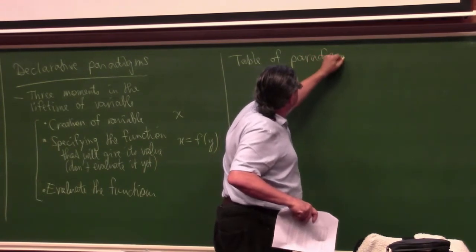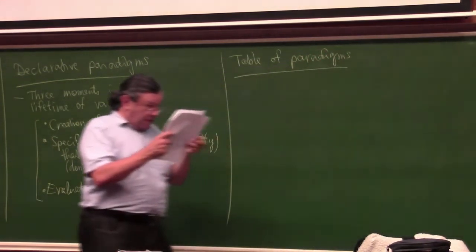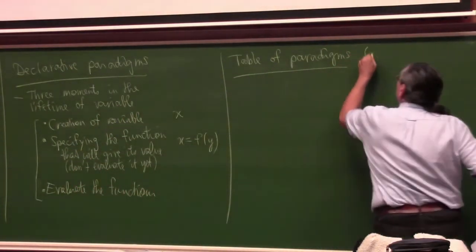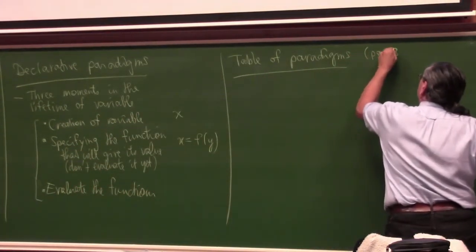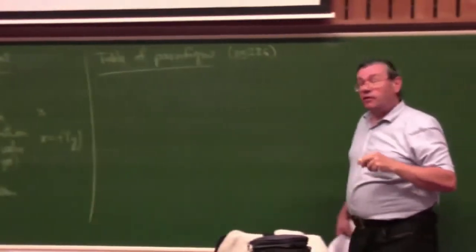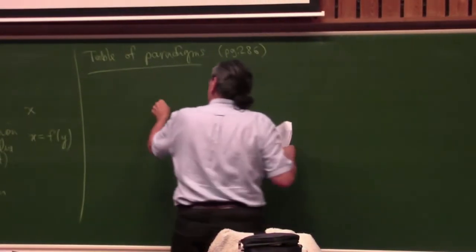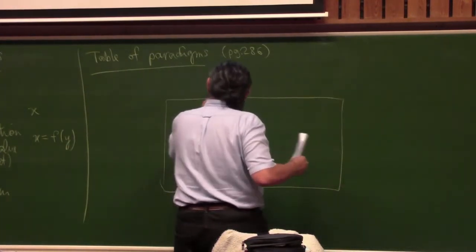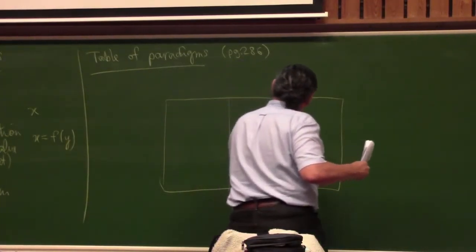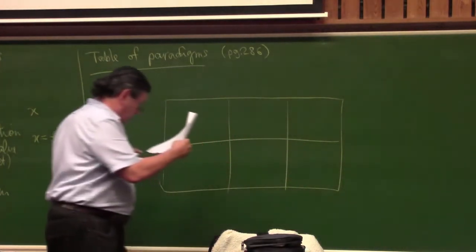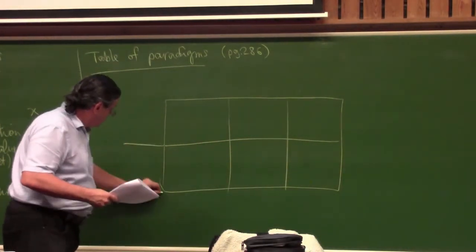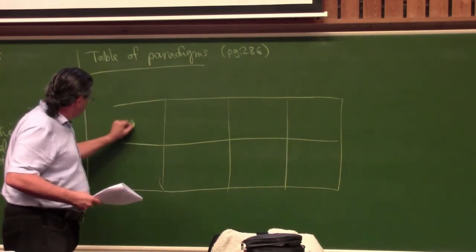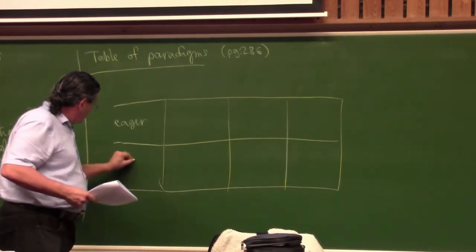So this table is actually in the book on page 286, but I will give you some more information on the board. I will make it a little bit more clear now. So there's actually six parts in this table. In this axis, I'm going to say either I do eager execution or lazy.